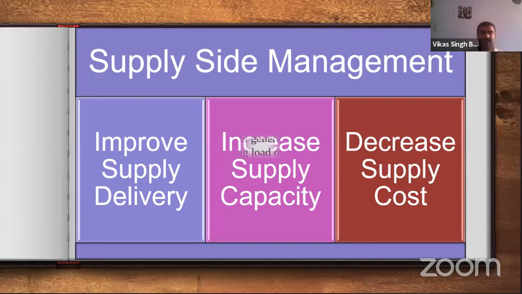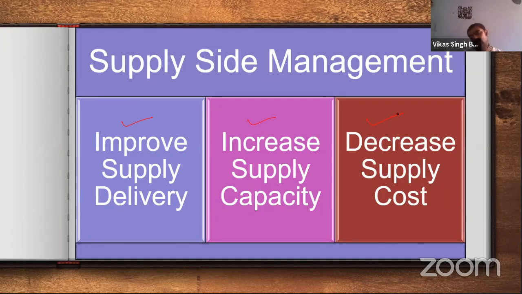Every time supply side management will try to improve the supply delivery, they will try to increase the supply capacity, but all this should be done with a decrease in supply cost.